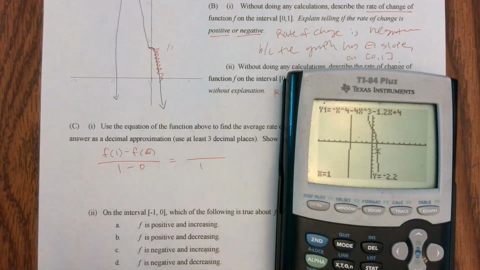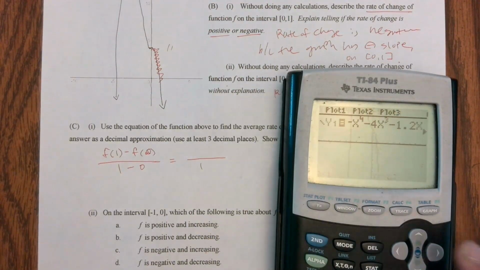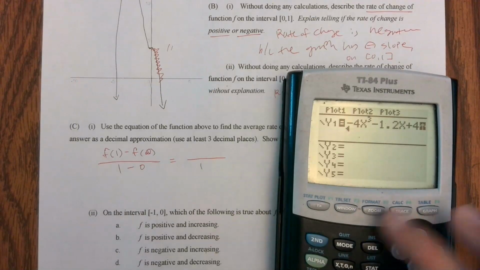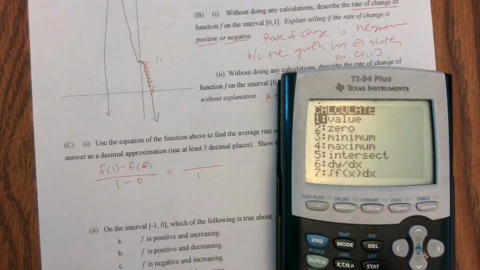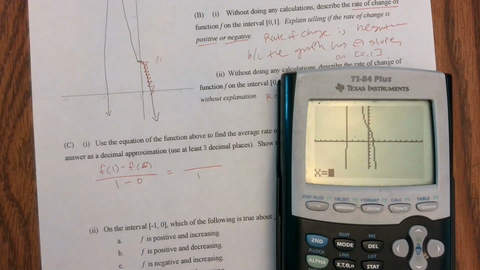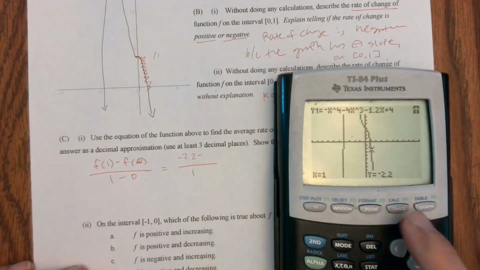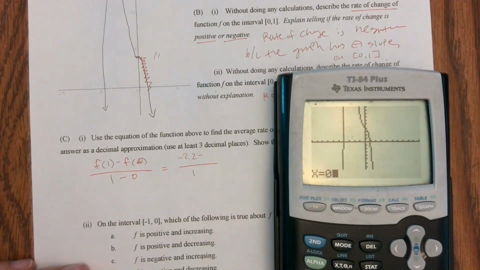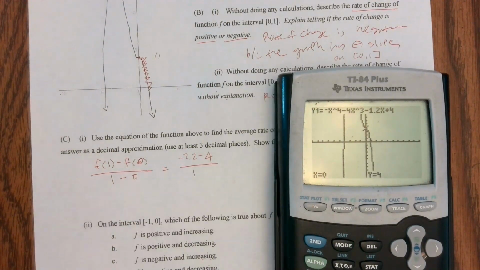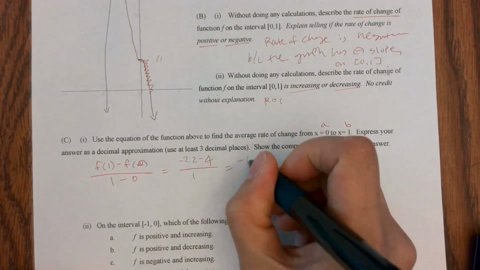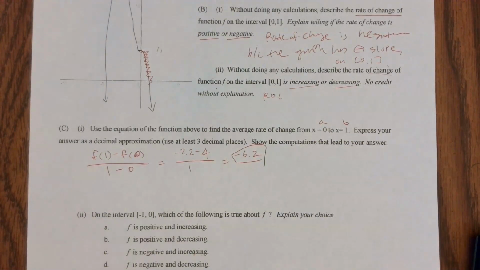The y value is negative 2.2, minus f of 0, which is 4. Then I got negative 6.2 as the average rate of change.